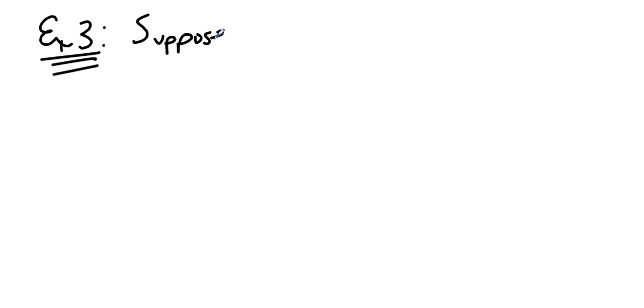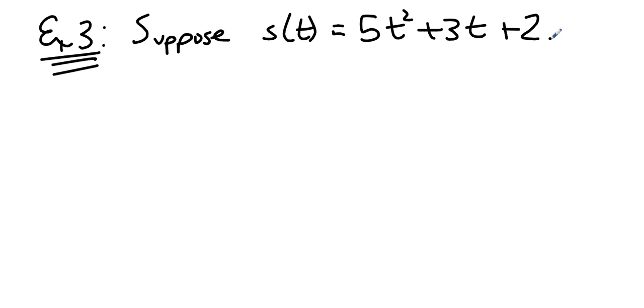So, why do I care? Suppose we have a position function. Position is usually denoted with s. Suppose the position function is 5t squared plus 3t plus 2. This allows us to find the position of a particle at any time.